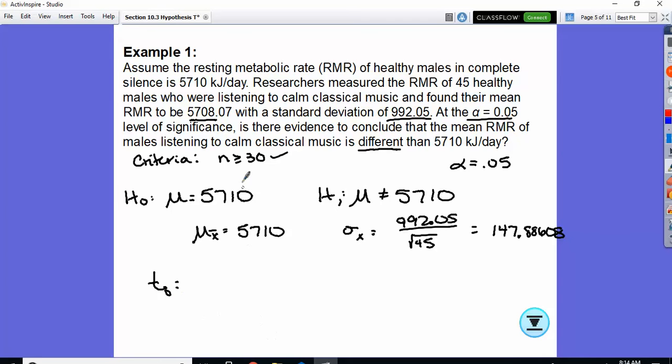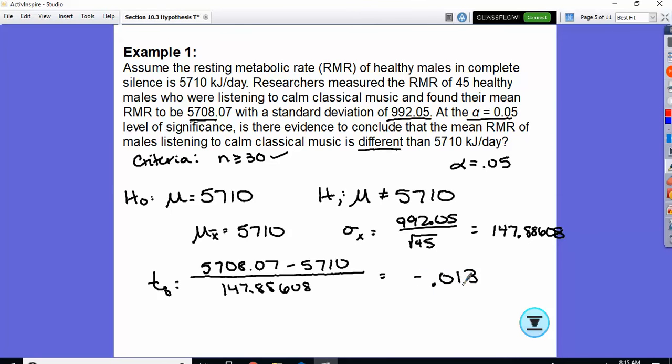So then we need our t-value, which is our value, that's the 5708.07, minus the mean, divided by the standard deviation. And I get a t-value of negative 0.013.